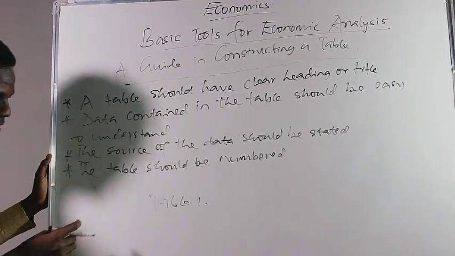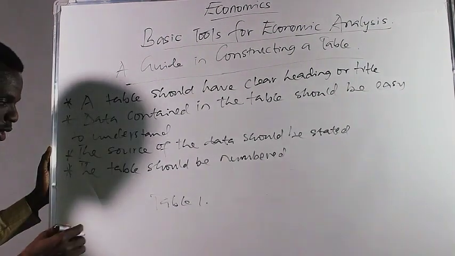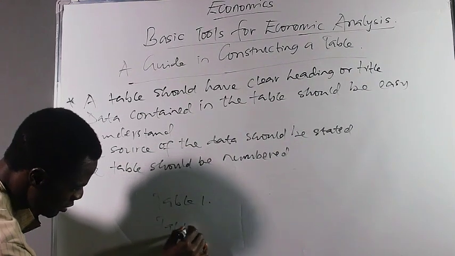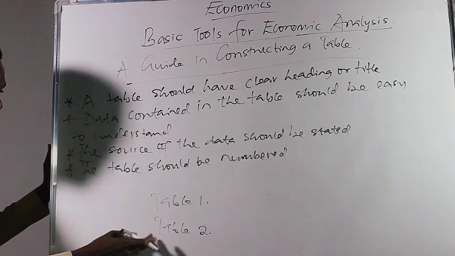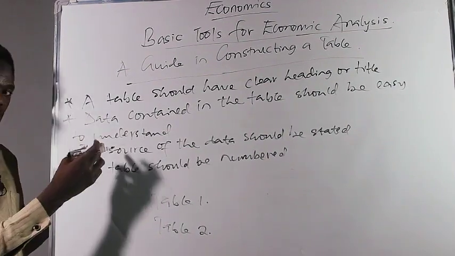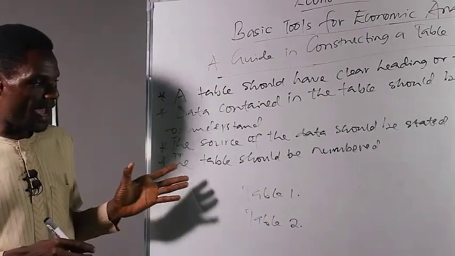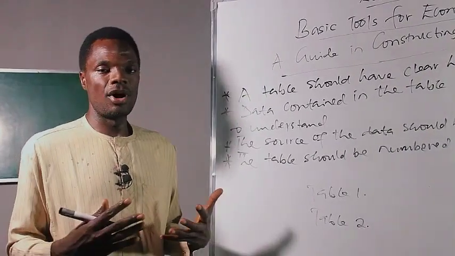That means the reader should understand that this table belongs to the first information that you have. So when you move to construct another table, then you write Table 2. That means this table does not belong to the first one. And this table has nothing to do with the first information that you stated already. So this guide is only about having a vast amount of information.